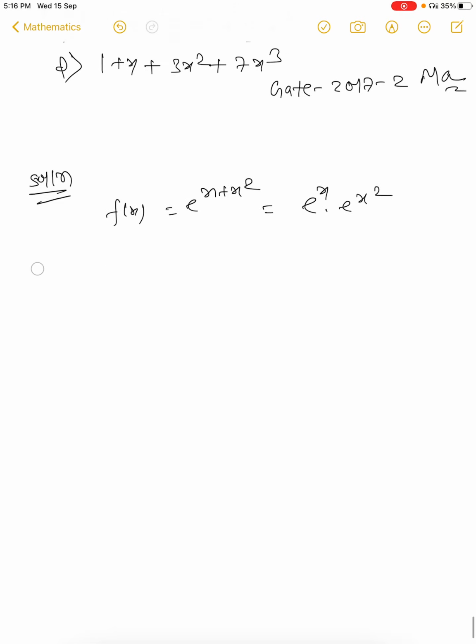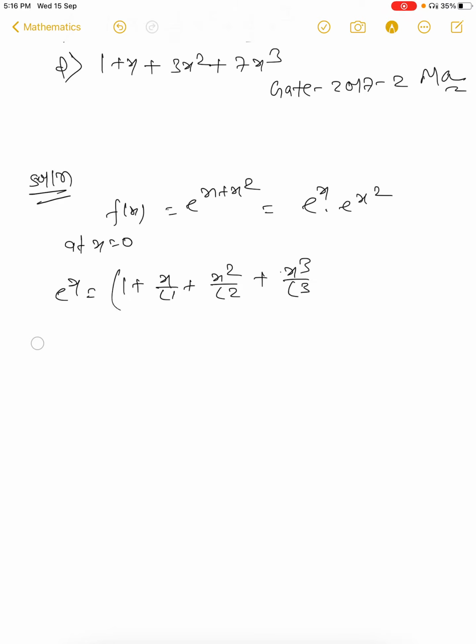So from here we know that expansion of e^x is equal to 1 plus x by factorial 1, x square by factorial 2 and x cube by factorial 3.